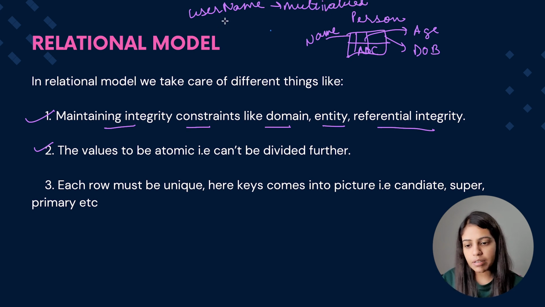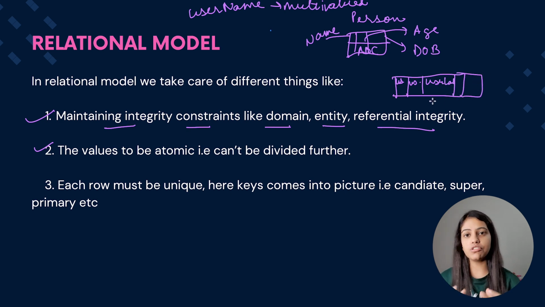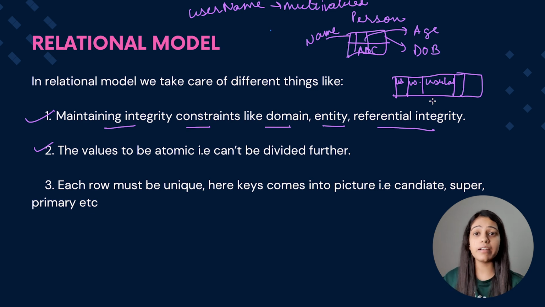While making the table, I shouldn't give it as username. What I can do is give the user first name, the user second name or middle name, and the user last name, and then the other attributes, which means that all the values should be atomic, that it can't be further divided.